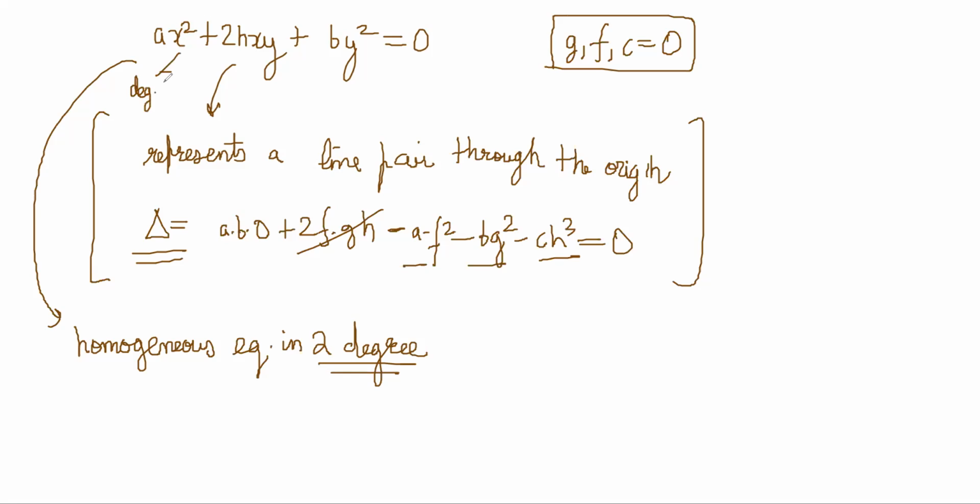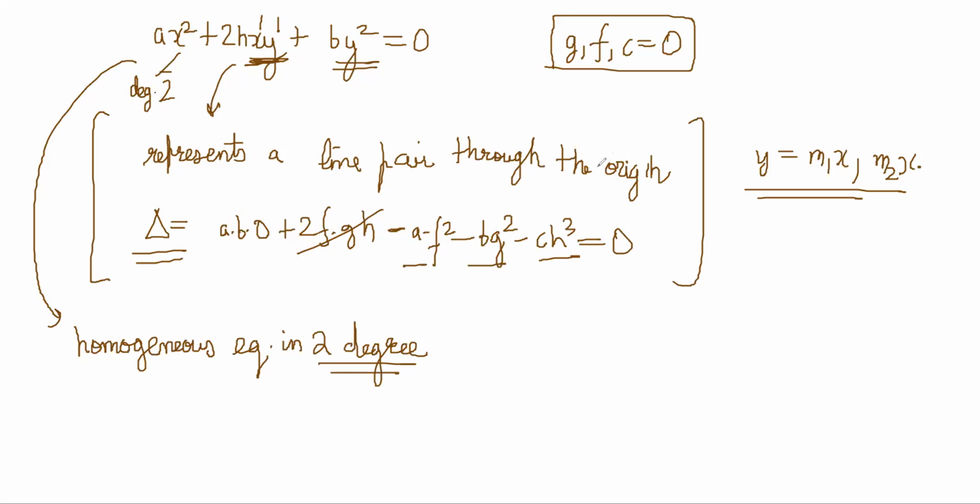Anytime you get an equation like that in x and y, it will always be a line pair through the origin. Because if you solve this equation, you will get y is equal to some m1x and m2x. You can solve it for y or x, anyone. Are you understanding? Yes, sir.